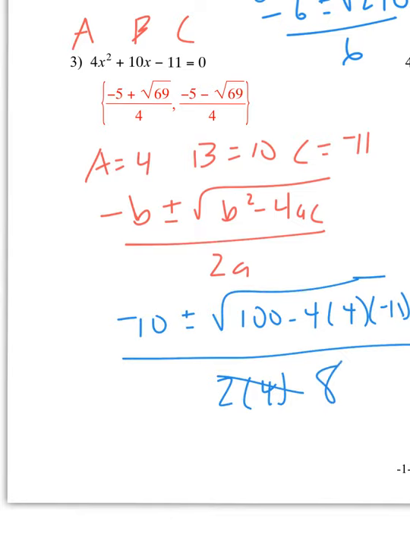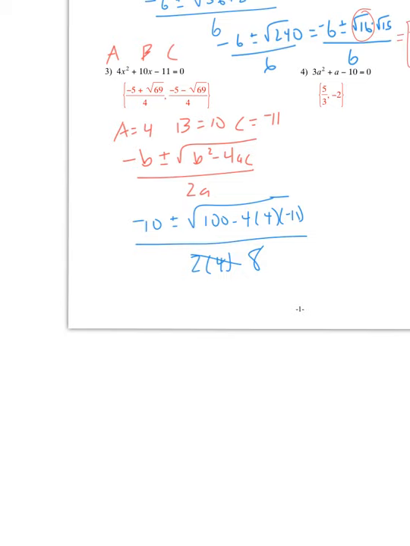All right, again, you may have to use your calculator because some of these numbers do get big. All right, so you're going to have to do negative 4 times 4, which will be negative 16. Negative 16 times 11, that's 176. So we got negative 10 plus or minus the square root of 100 plus 176, all of this over 8.